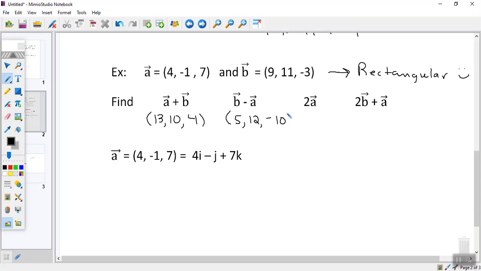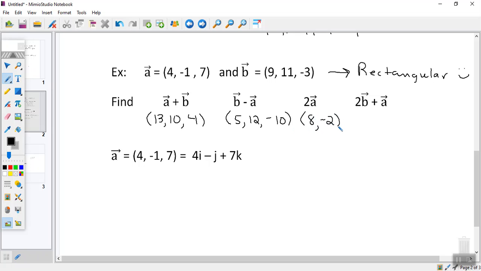If I come back here and say, okay, once you figured out an ordered triple that represents a vector from start to end or whatever these operations are, could you find a magnitude of those now? Yep, you would do the square root of, like in this first one, the square root of 13 squared plus 10 squared plus 4 squared. Okay. What's 2 times 8 going to get you? 8. Negative 2.